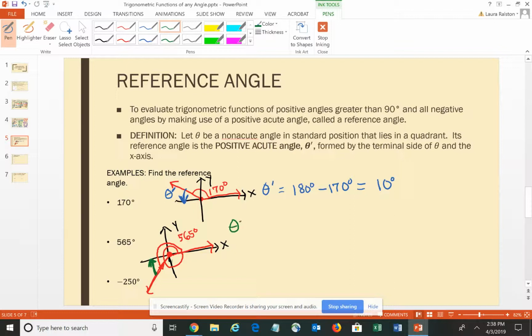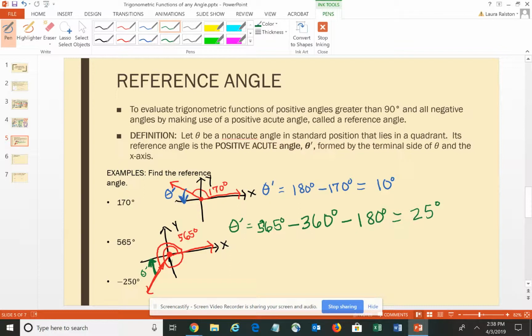So theta prime, my reference angle, would be 565 degrees minus the full revolution, 360, minus 180 degrees, because we had gone just past 180 degrees. That gives me a reference angle of 25 degrees.